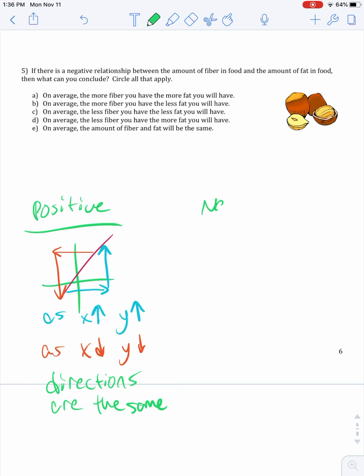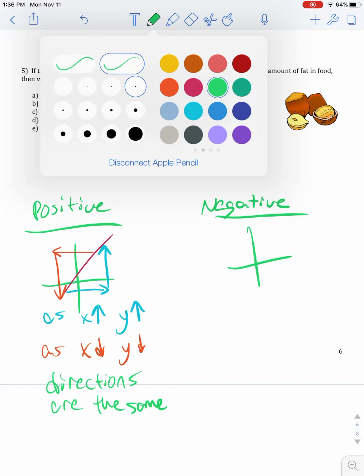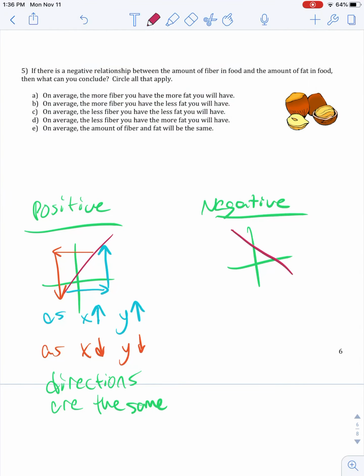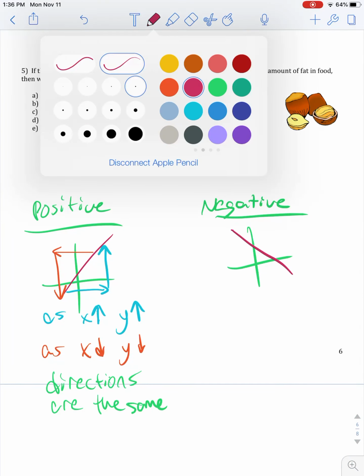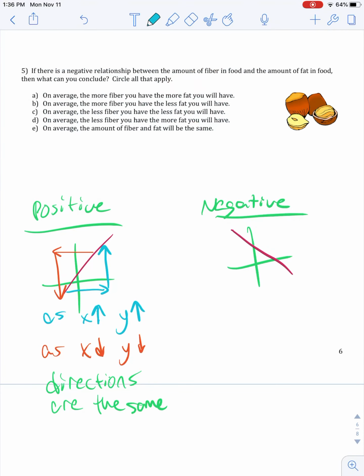Now let's look at negative. For a negative relationship, as x goes up, y goes down.